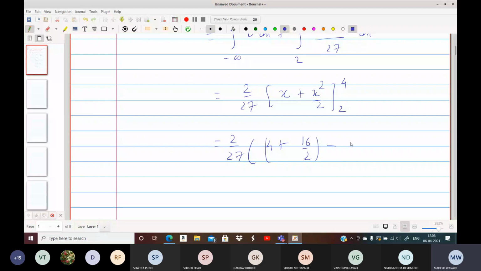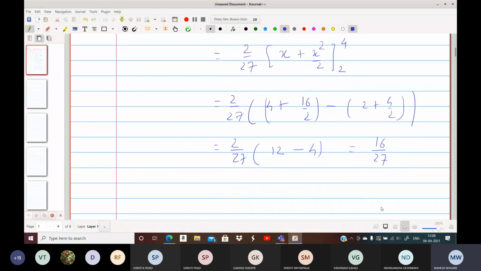So what are the calculations? 2 by 27, it is 12, 8 plus 4 minus 4. So it becomes 2 into 8, 16 by 27. Let's check these computations. The probability of x less than 4 is 16 by 27.